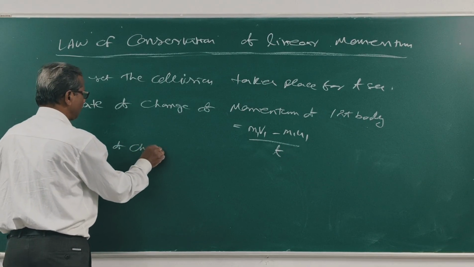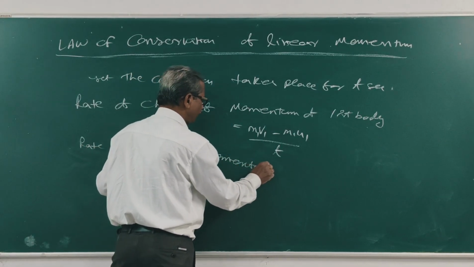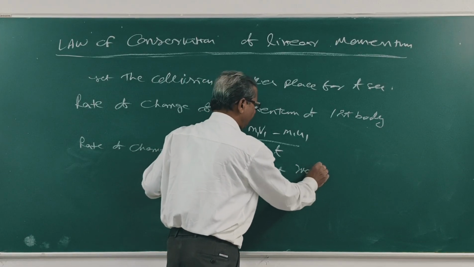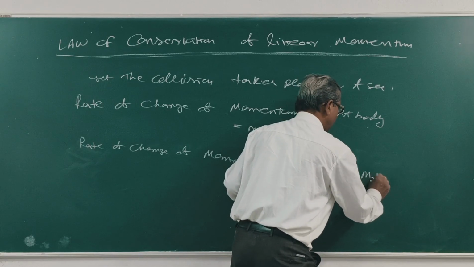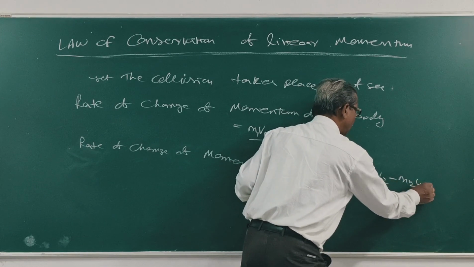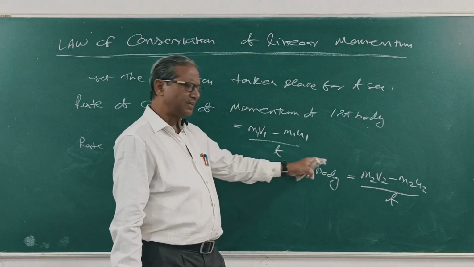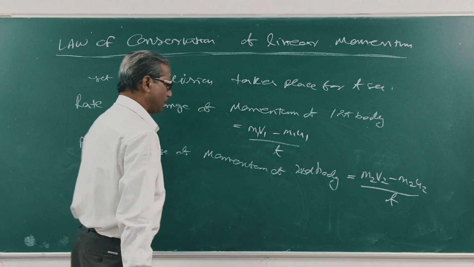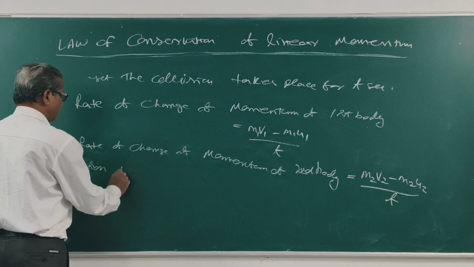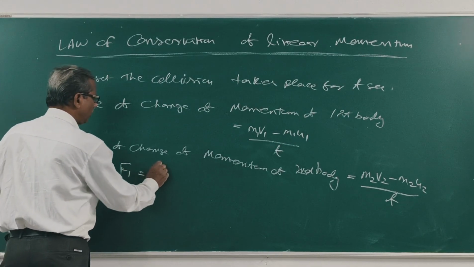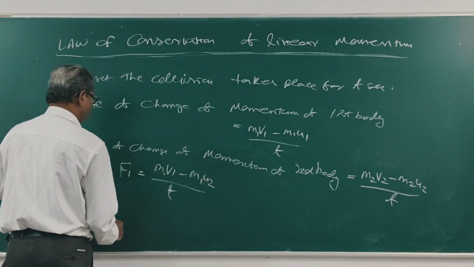Similarly, the rate of change of momentum of the second body is equal to (m2 v2 minus m2 u2) by t. Clear? This is called action, this is called reaction. Action F1 is equal to (m1 v1 minus m1 u1) by t.